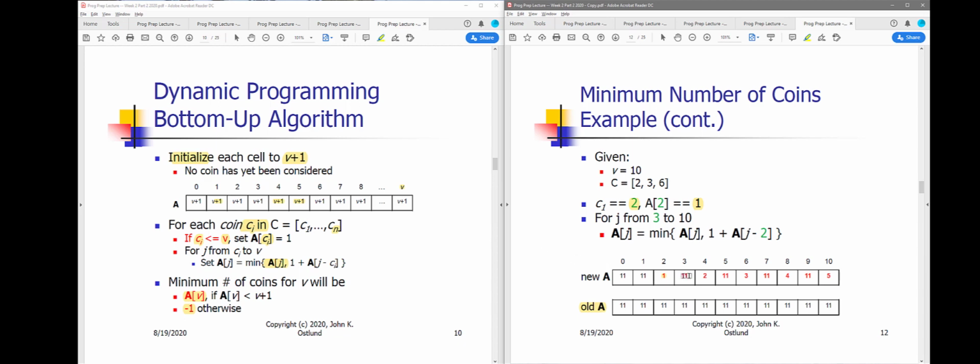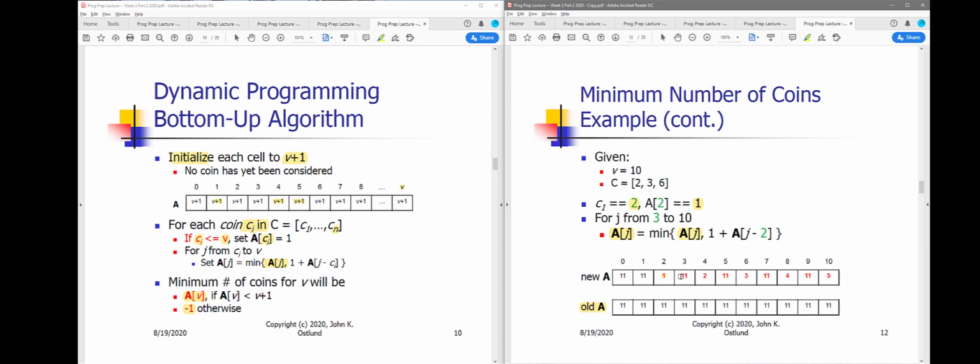Then we go through all of these subsequent values, 3, 4, 5 up through 10, and we set each one to the minimum of either what's already there or one coin plus the minimum number of coins that we needed to make change for 2 cents less than our current value.